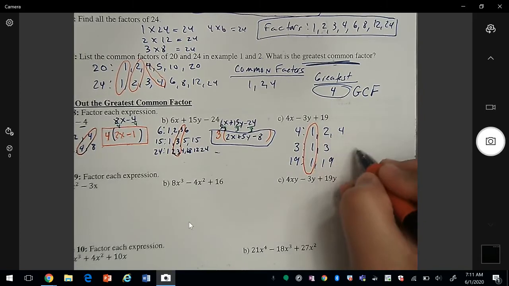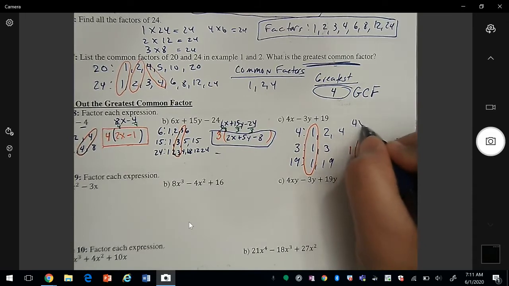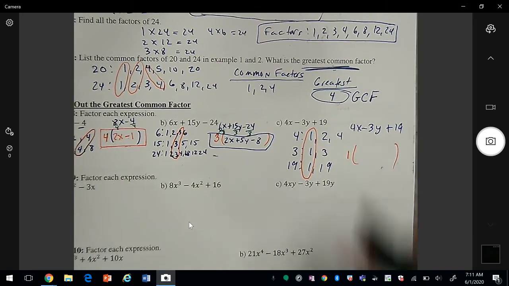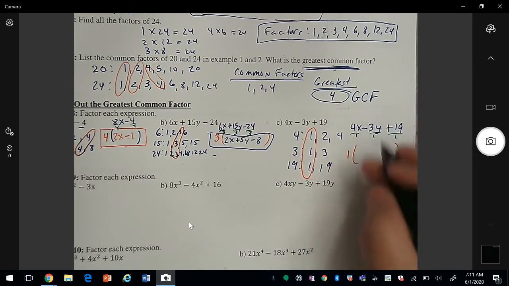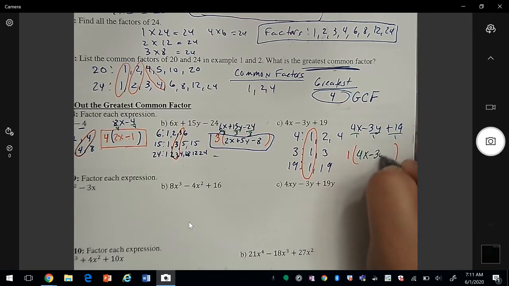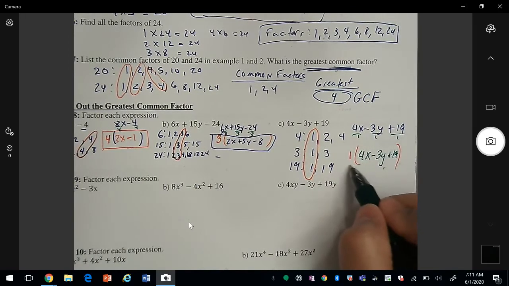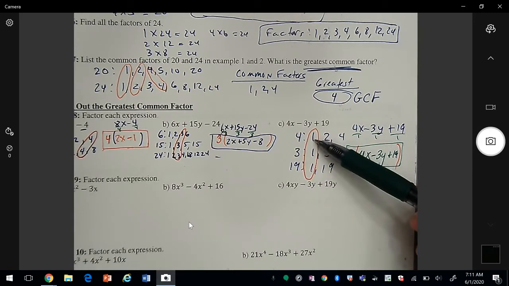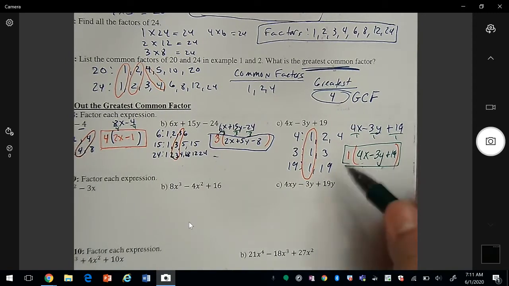If I write the 1 on the outside and divide all my terms by 1, 4x divided by 1 is just 4x, negative 3y divided by 1 is negative 3y, and 19 divided by 1 is 19. Notice that you still get the same thing back. Whenever your greatest common factor is 1, you're always just going to end up with the same thing.